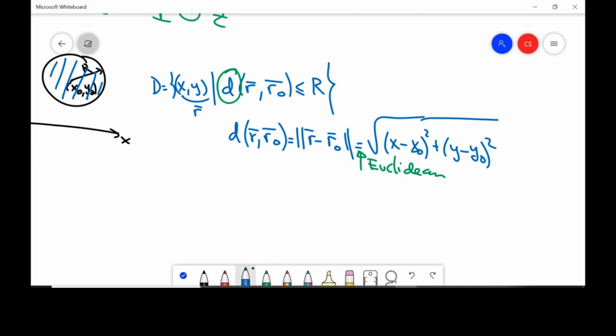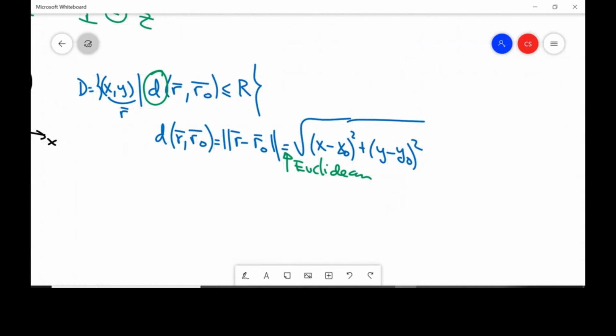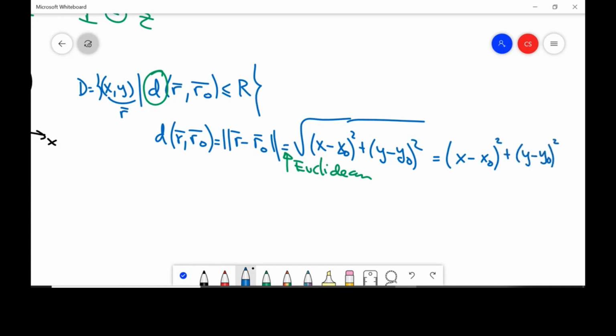Let me rewrite this: x minus x0 squared plus y minus y0 squared, and then the square root. Okay, that is fine. Why not define it in this way?